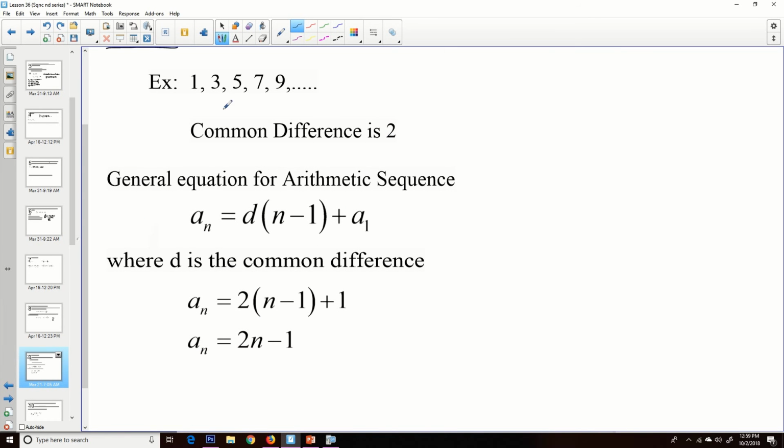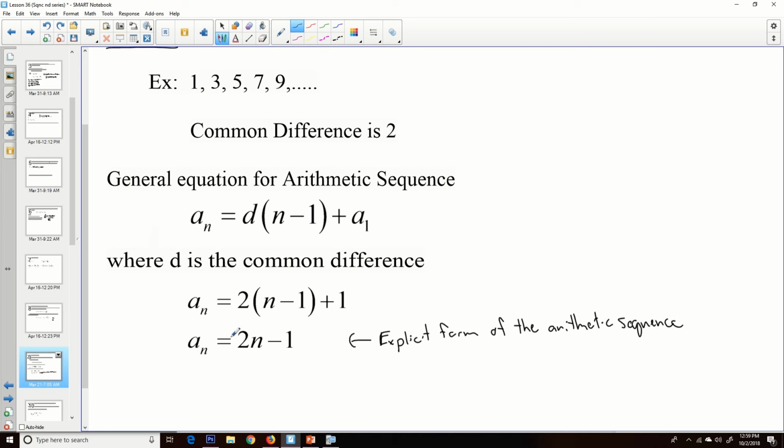The first term was 1, so we'll plug it in there. And this example is an explicit form of the arithmetic sequence.